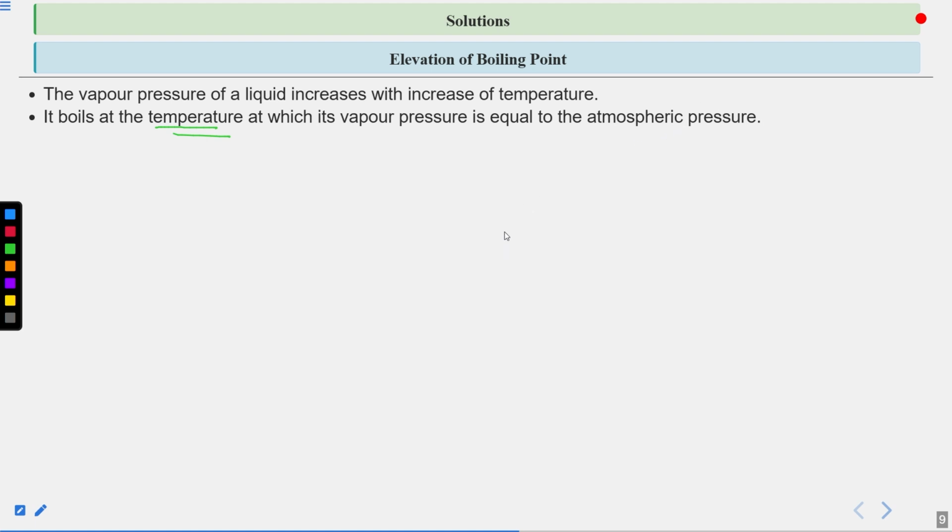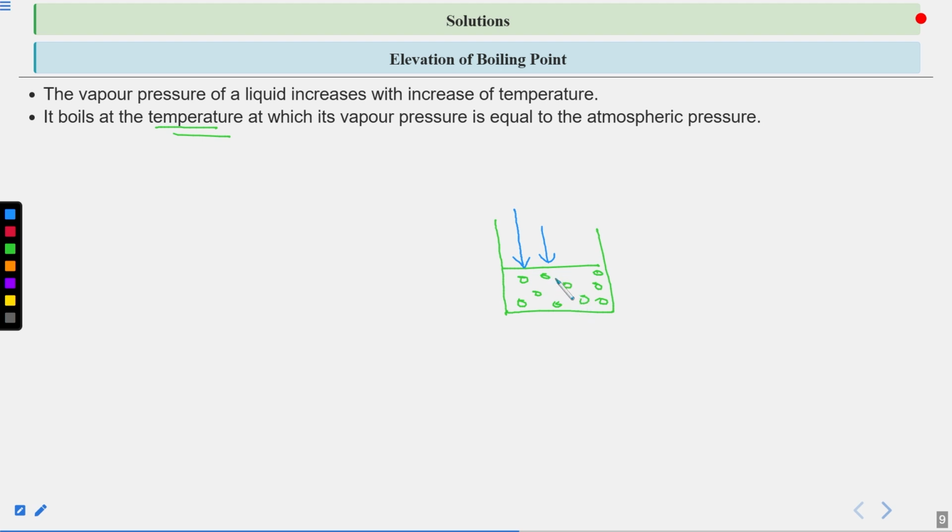Now, let me explain this with the help of this diagram here. Suppose you have your liquid here. You have your liquid molecules here. The only reason your liquid molecules are not getting converted into the gas phase is that there is atmospheric pressure present. The atmospheric pressure around you is the only reason that your liquid is in the liquid state.